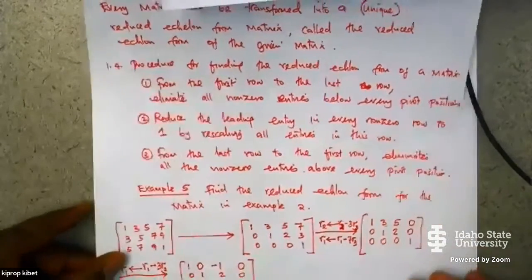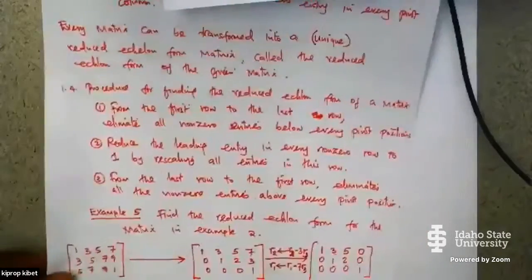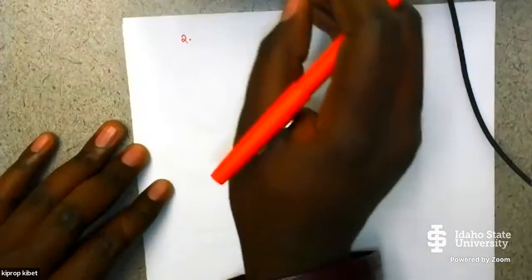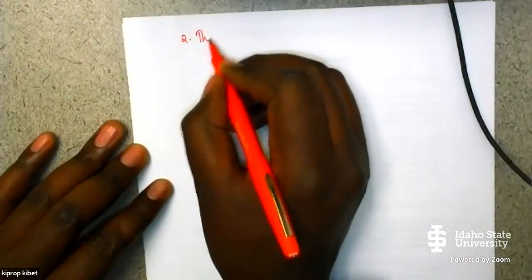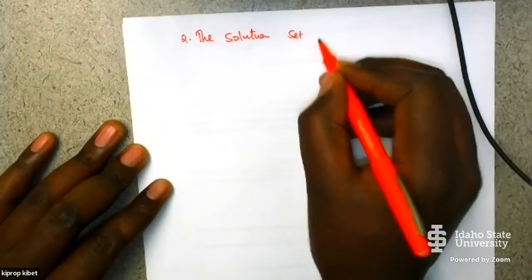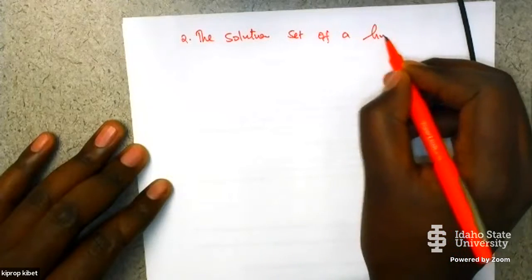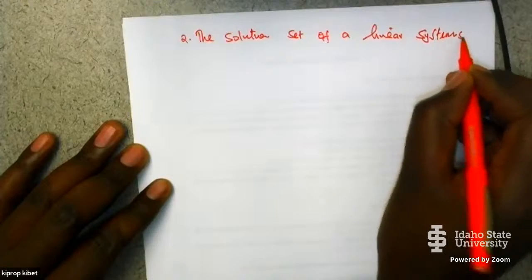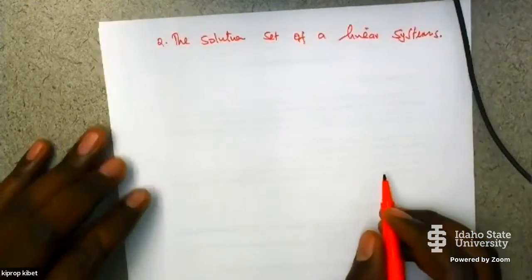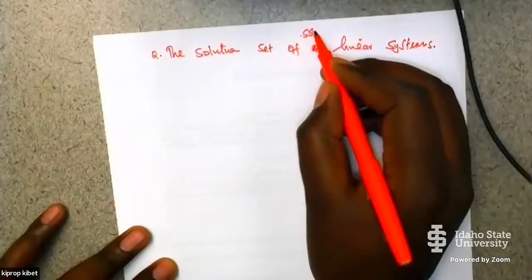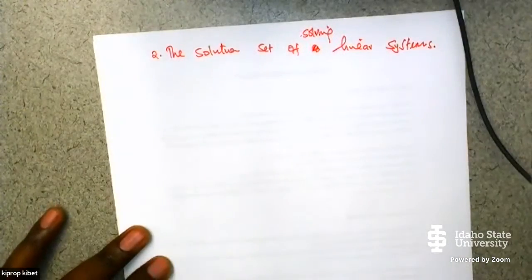Now this leads us to the next section, section number 2, which is the solution set of a linear system, the solution set of solving linear systems.